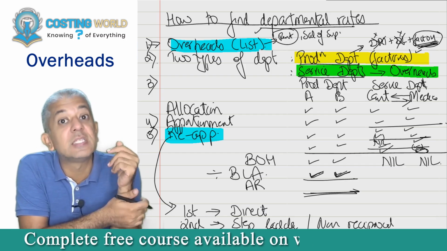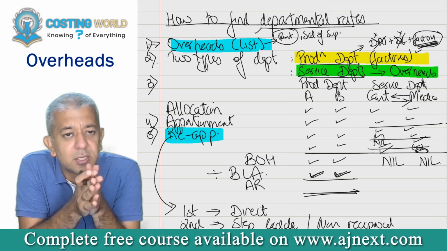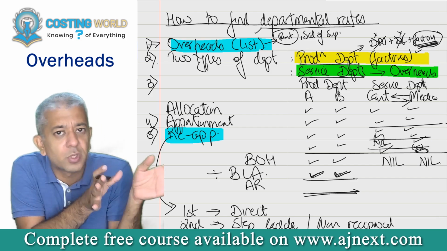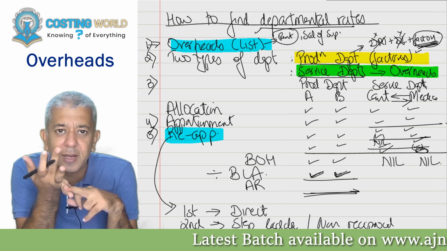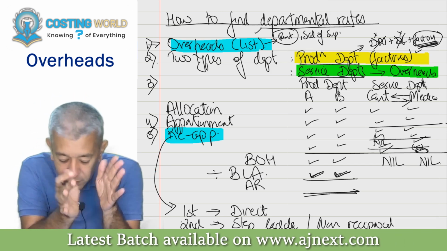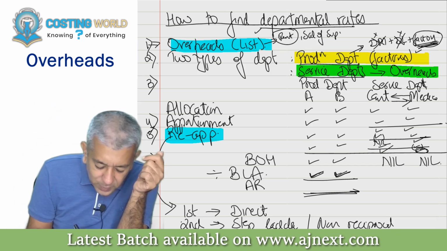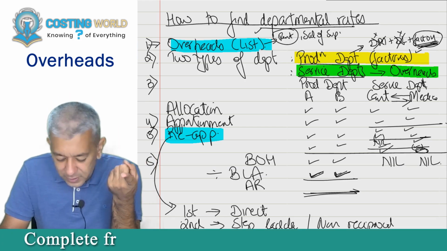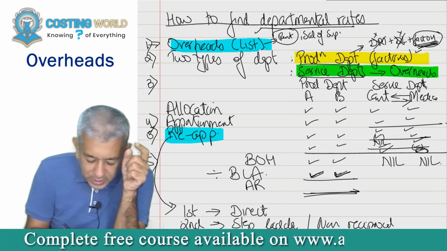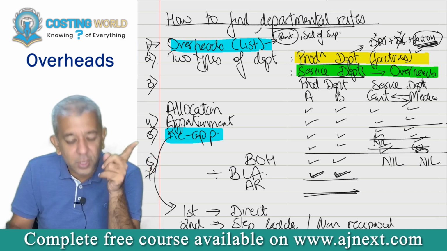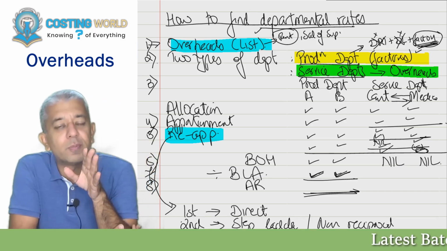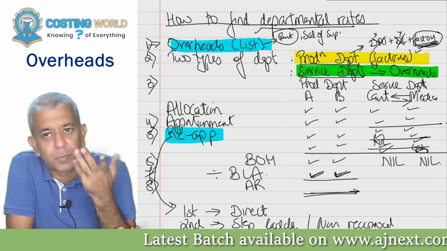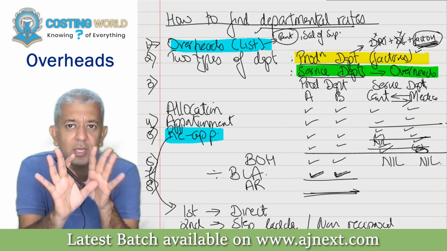Fifth is reapportionment, that is, charge servicing department cost to the production departments. There are three cases in that: your direct method, your step ladder method, or your repeated distribution method. Once you do that, total the expenses of the production departments. That will give you your BOH. Divide by BLA. That will give you your absorption rate. Once you get your absorption rate, charge it to the products and the job gets over. Is this all okay? This is quite simple.